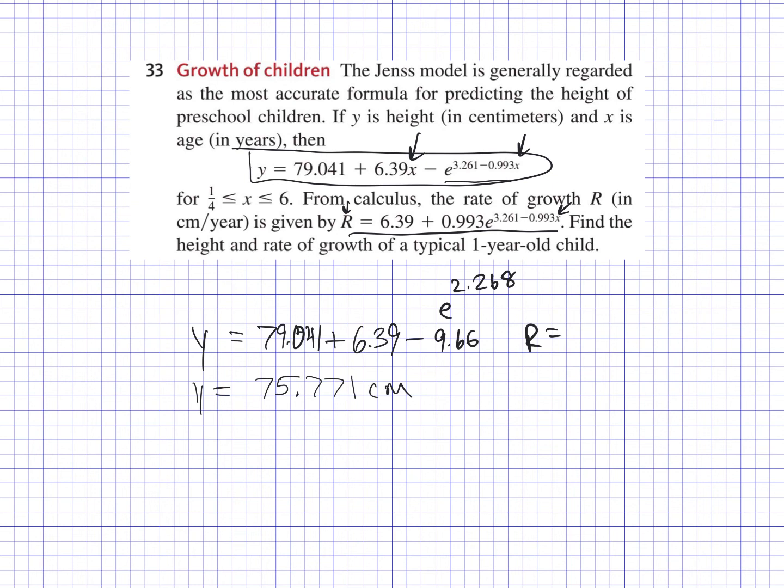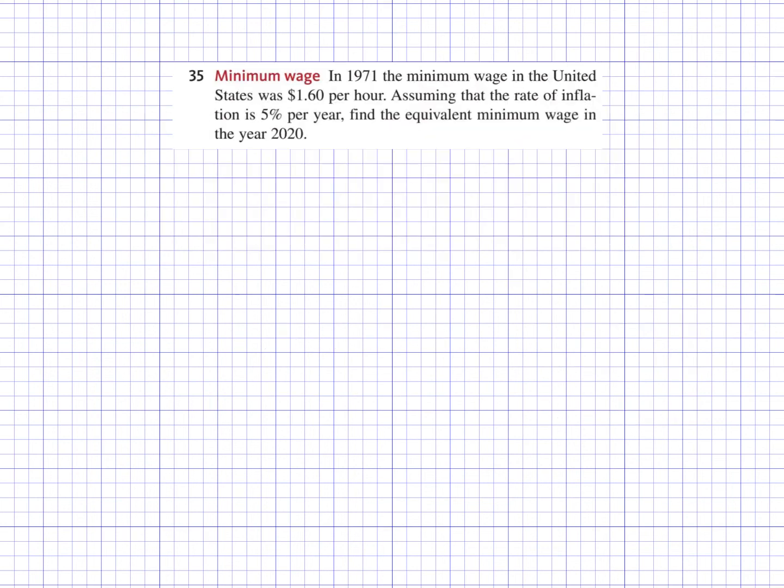Again, we have to do the exponent stuff first, which we already did. So that's 9.66. So you have 6.39 plus 0.993 times the 9.66. 0.993 times 9.66 gives 9.59. So we get 6.39 plus 9.59, and that gives me the rate of 15.982.